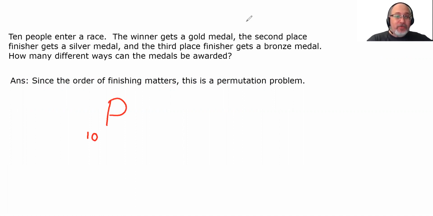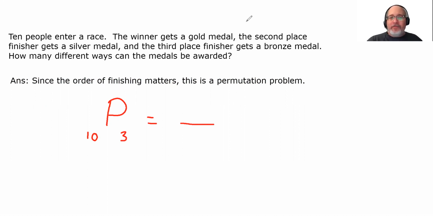We are selecting 3 of them to finish the race. Well, we're not selecting, we're counting the number of permutations. Who gets first, second, third depends upon how fast they run. But if we're counting the number of permutations, it's like we're saying, well, how many choices could there be for the first place and then second place and then third place? So 10P3: out of 10 runners, how many permutations are there if we pick 3 of them?